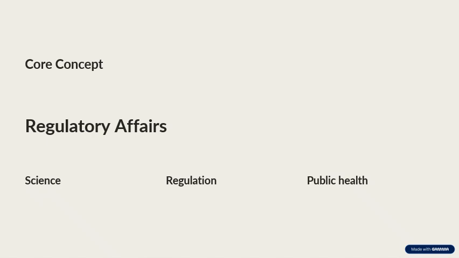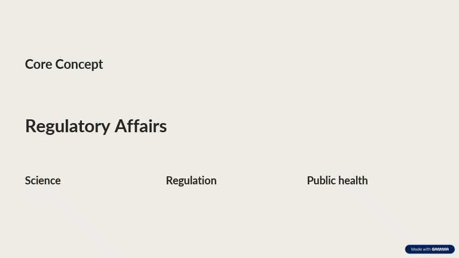Let us start with the most basic question. What is regulatory affairs? Regulatory affairs, often called RA, is a professional function found in industries where products can directly affect human health. The most common examples are medicines, vaccines, and medical devices.